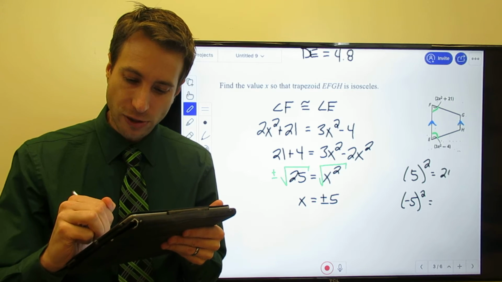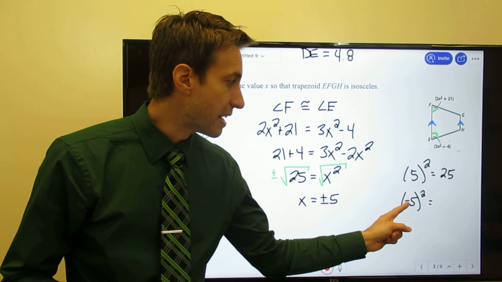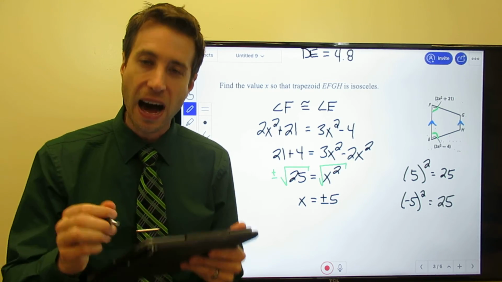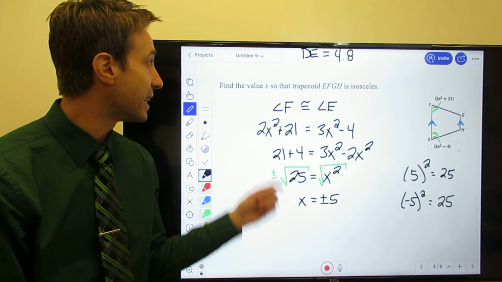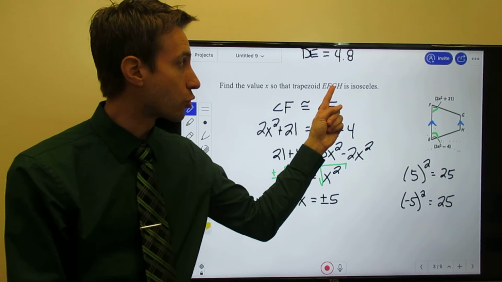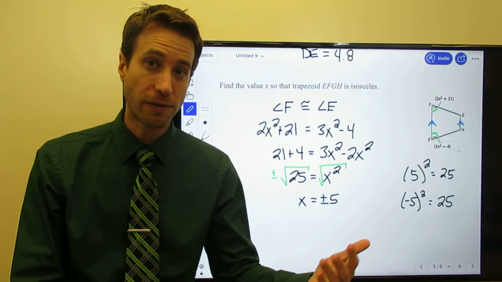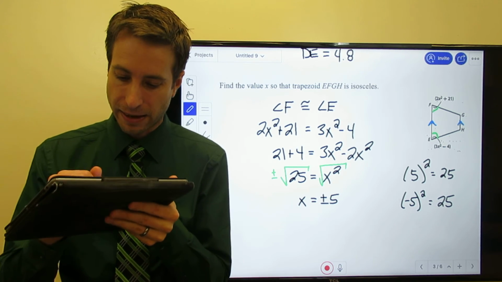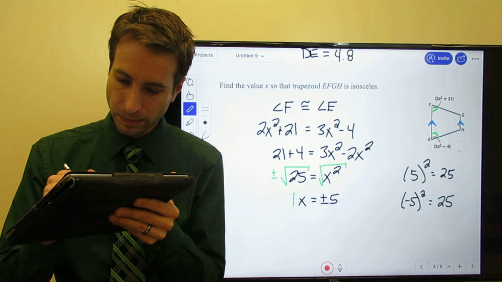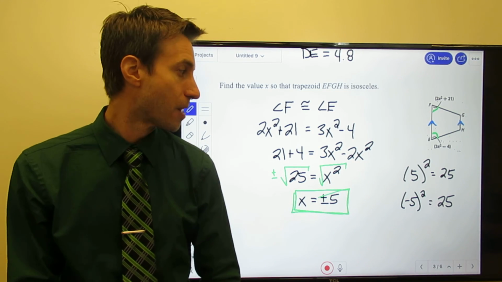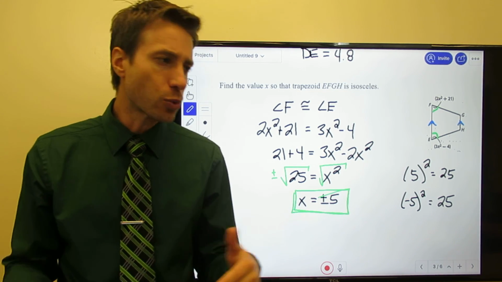A positive 5 squared is 25, but a negative 5 squared is also 25. So what this means is, find the value of x so that the trapezoid is isosceles. You get two values of x. It could either be a positive 5 or it could be a negative 5. Plus or minus 5.